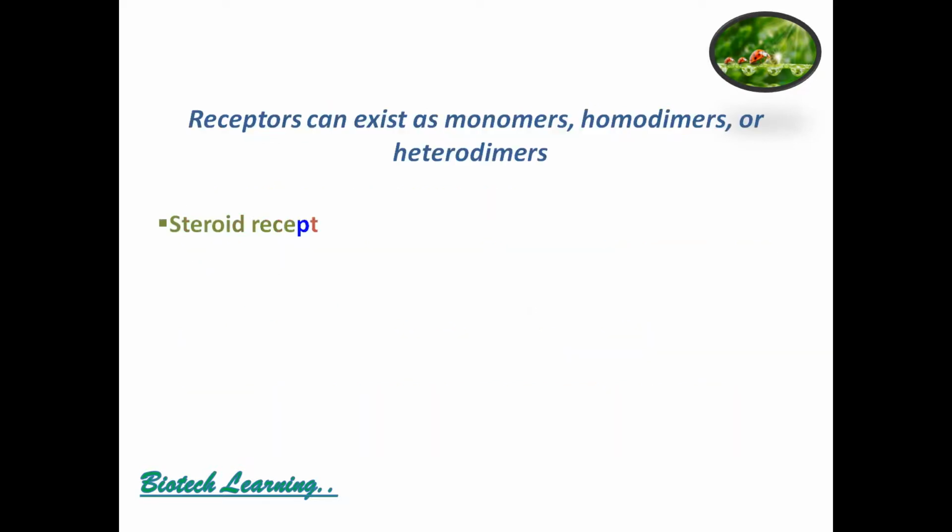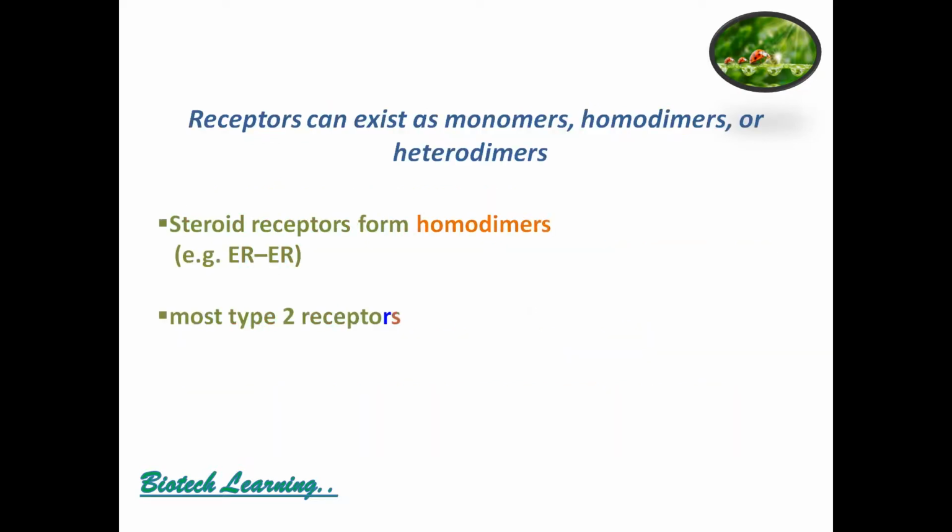So I said receptors can exist as monomers, homodimers or heterodimers. Steroid receptors usually form homodimers, like estrogen receptor binds to another estrogen receptor and then they continue their action. But most of the type 2 receptors form heterodimers, usually with RXR, that is retinoic acid related receptors.